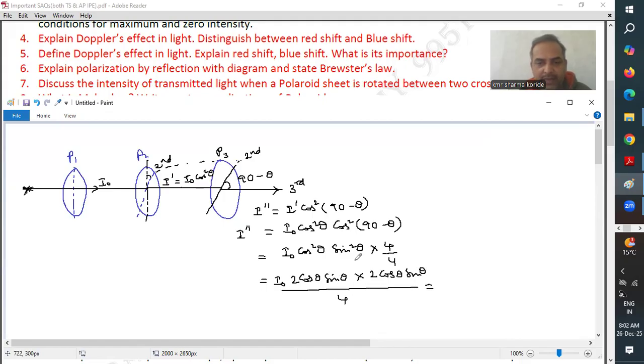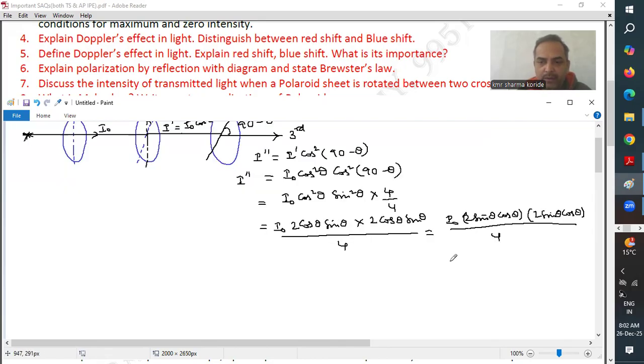So we write it as I naught, 2 sin theta cos theta, and another 2 sin theta cos theta, whole divided by 4. So we get the expression I naught sin square 2 theta divided by 4, equal to I double dash.